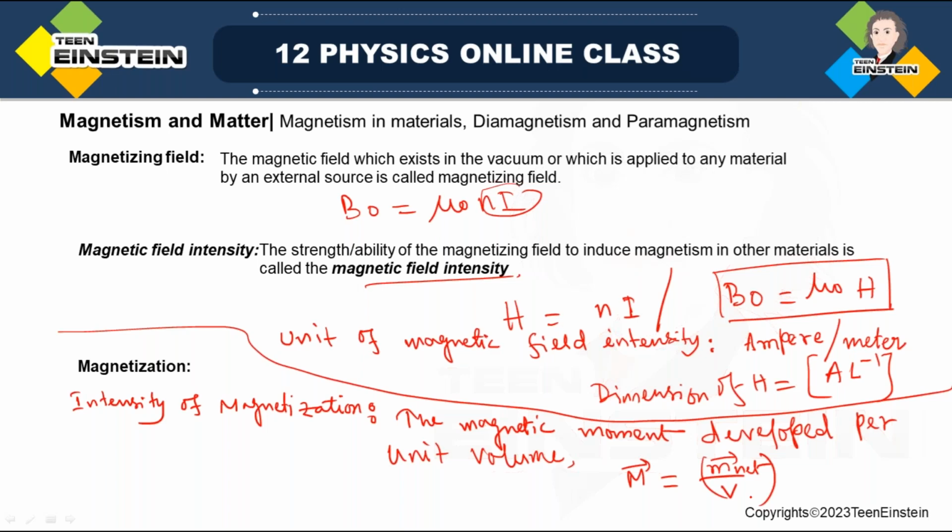So the net magnetic dipole moment per unit volume is called magnetization. This is the mathematical form, and it is also called simply magnetization.